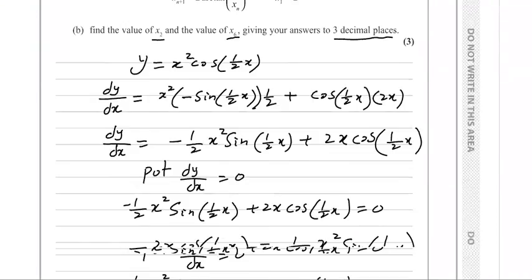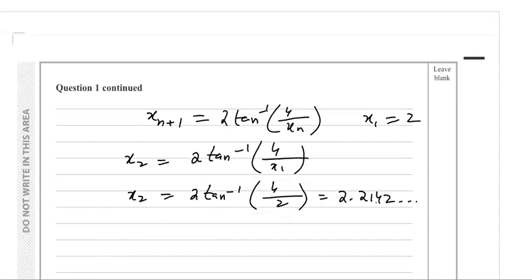So at least write to 4 and then round to 3. So by rounding to 3, it will become 2.214. Now I will say x2 is approximately 2.214 to 3 decimal places.